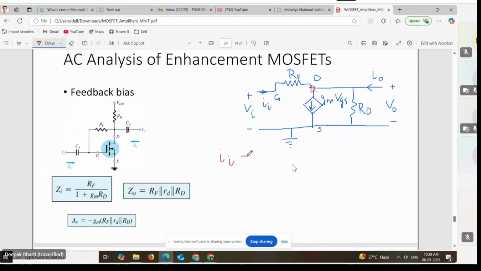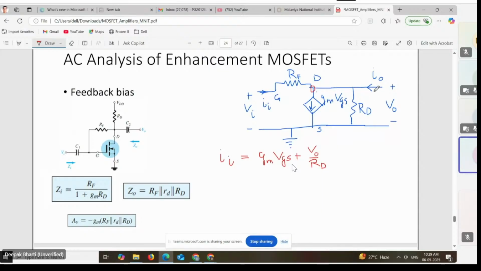Ii, that is the input current, is equal to gm VGS. This is the dependent current source, that is gm VGS, plus one current is also going here in RD. That is, we can write that as V naught by capital RD.